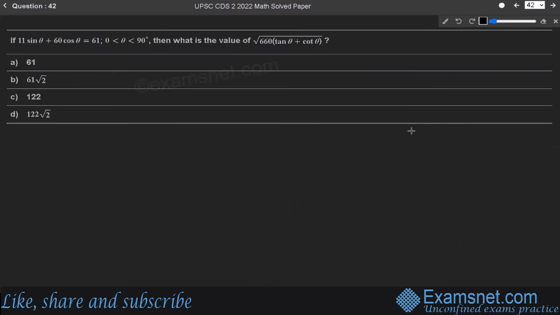Next question is, if 11 sine theta plus 60 cos theta is equal to 61, where theta lies between 0 and 90 degree, then what is the value of under root 660 into tan theta plus cot theta? There is a concept which is p into sine theta plus b into cos theta is equal to h.